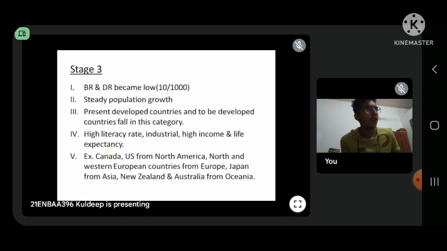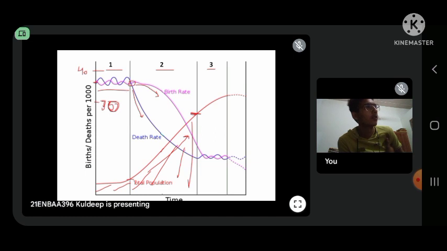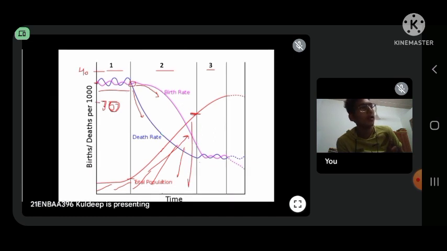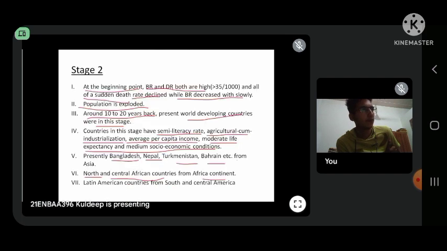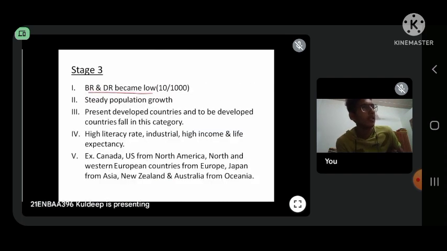Now the last stage is when the birth rate and death rate became low, about 10 per thousand. You can see in the graph that both the birth rate and death rate became low, and population growth also became steady, meaning it's not very rapid or exploding, it's increasing very slowly.